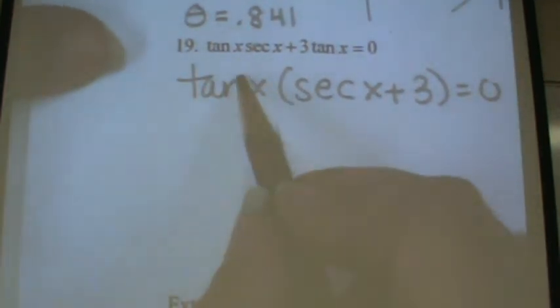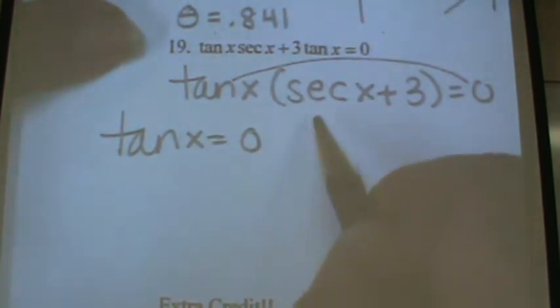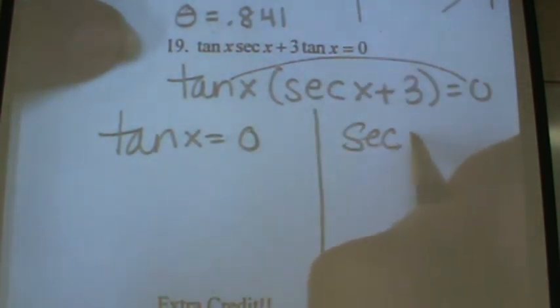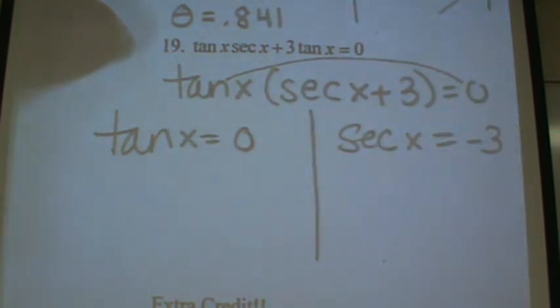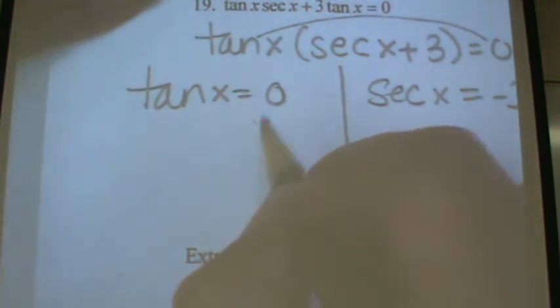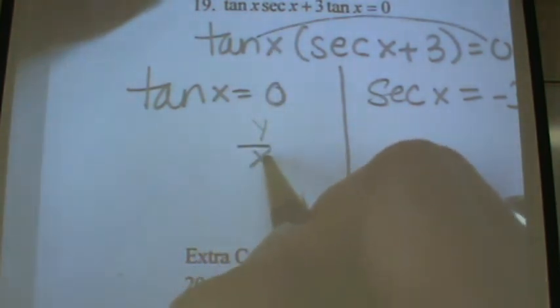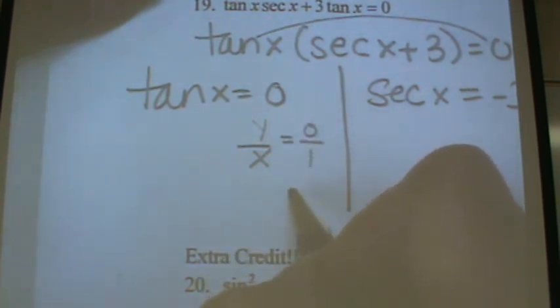Like you did in 9th grade, set each of these equal to 0. I'm just gonna do that, -3. Now, what's the definition of tangent? Tangent is y over x. Where do you get a 0 over 1? Where is the x value 0? 0.